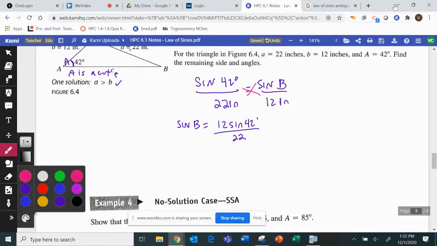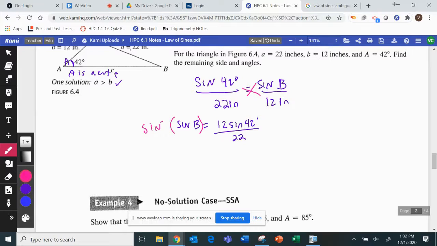And once I've cross multiplied, I do not have B by itself. So we have to inverse sine both sides of the equation so that we can actually find angle B. So I'm going to type into my calculator sine inverse.